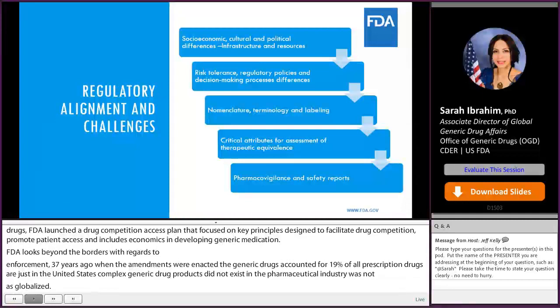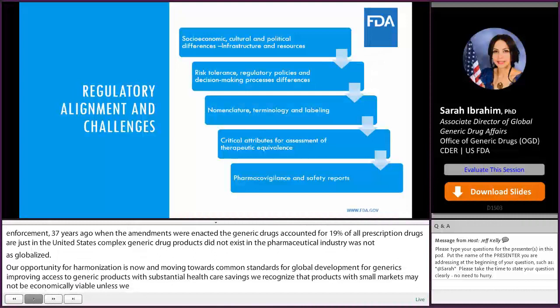We recognize that products with small markets may not be economically viable unless we can aggregate those molecules through such convergence efforts. And the massive investment in development of complex generics can only be supported and cost substantially mitigated by entering into multiple markets.